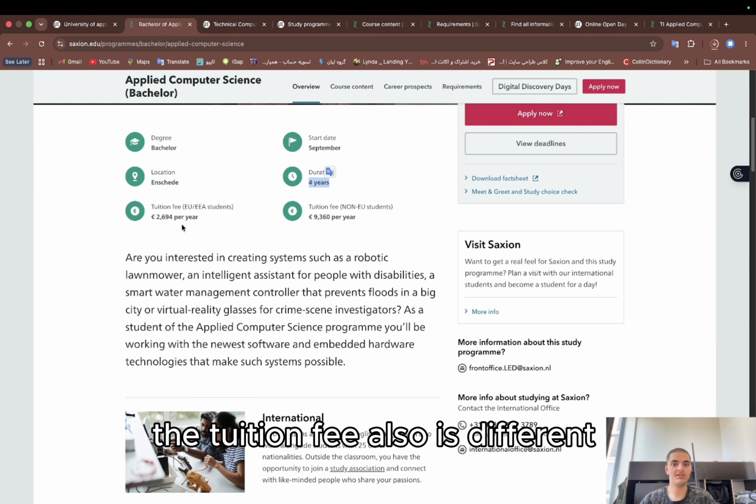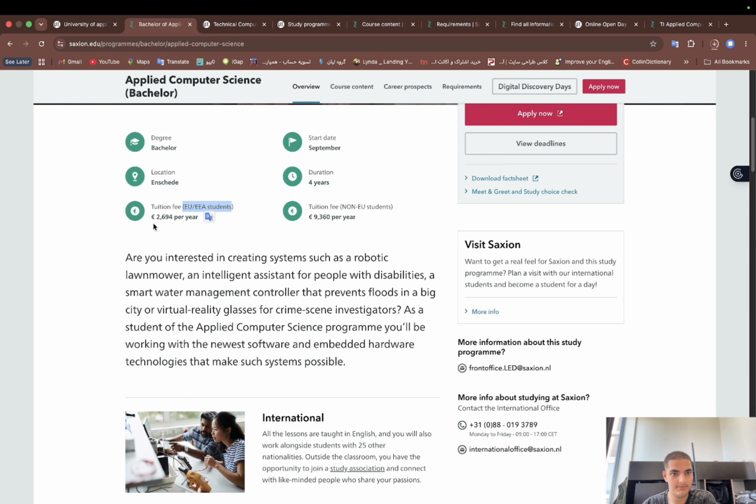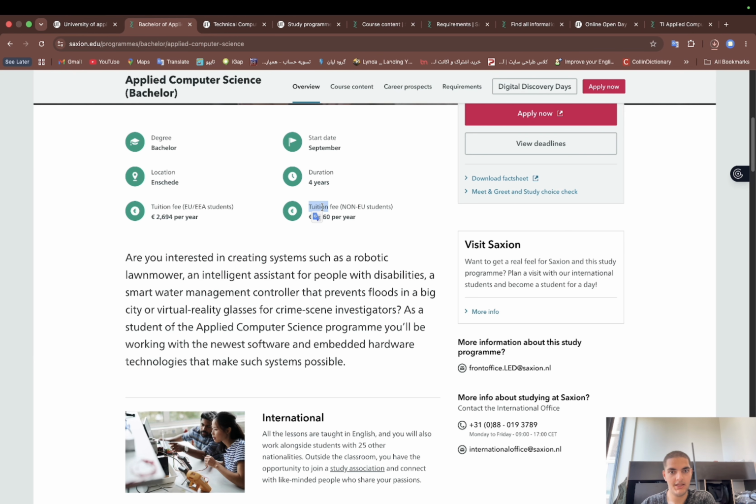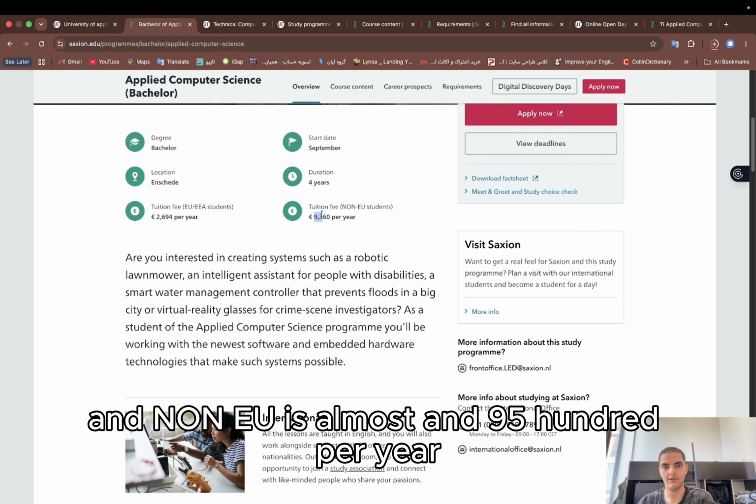And the tuition fee is also different. For EU and US students it is 2,600 and something, and for non-EU it is almost 9,500 per year.